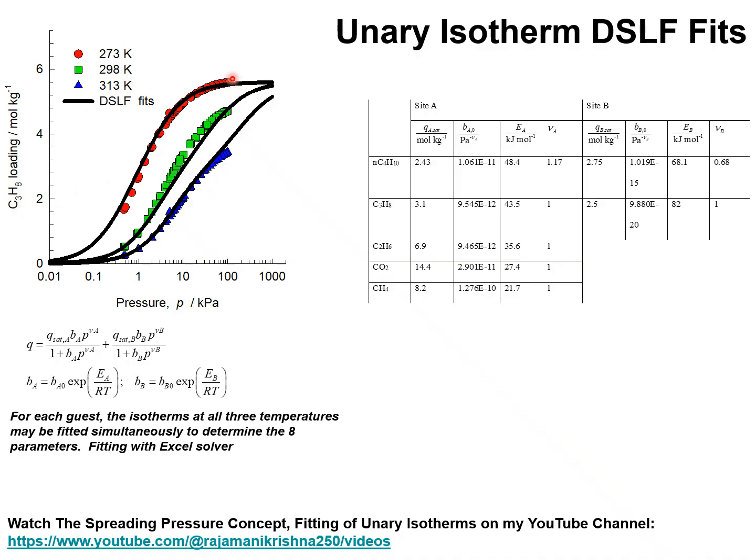Red circles are the experimental data at 273 Kelvin, the green squares are for 298 Kelvin, and the blue triangles are for 313 Kelvin.